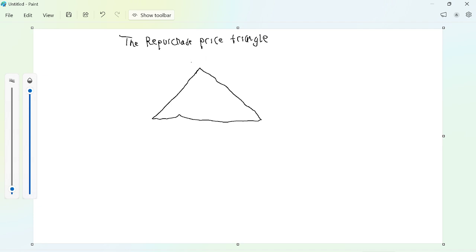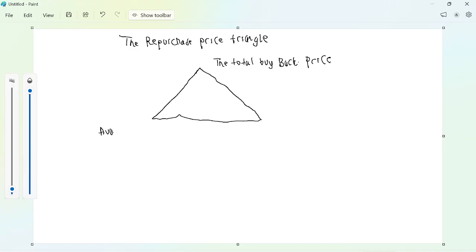So the top apex is what? The total buyback price, right? And then on the bottom left we have the what?